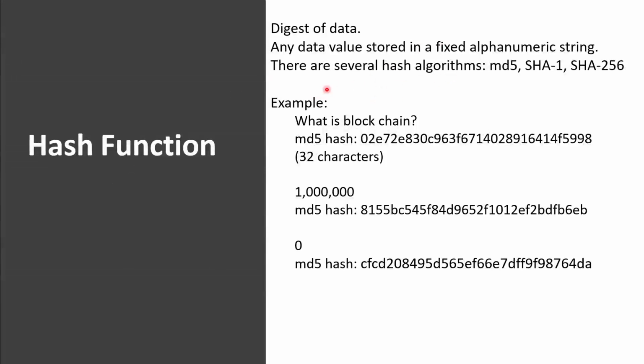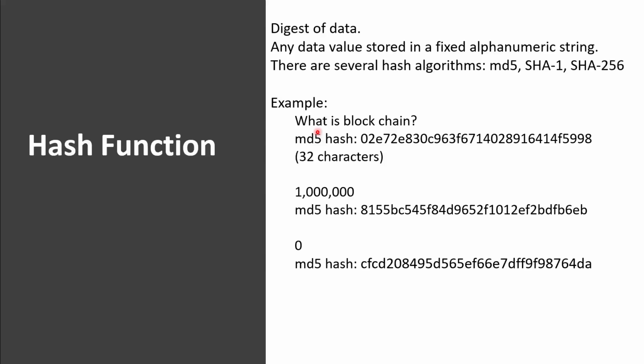So hashes are digests of data. So any data value can be stored in a fixed alphanumeric string. And there are several, many, perhaps dozens of hashing algorithms. MD5 is popular, SHA-1, SHA-256. So we're taking a look at an example here of MD5, which hashes data into a 32 character string.